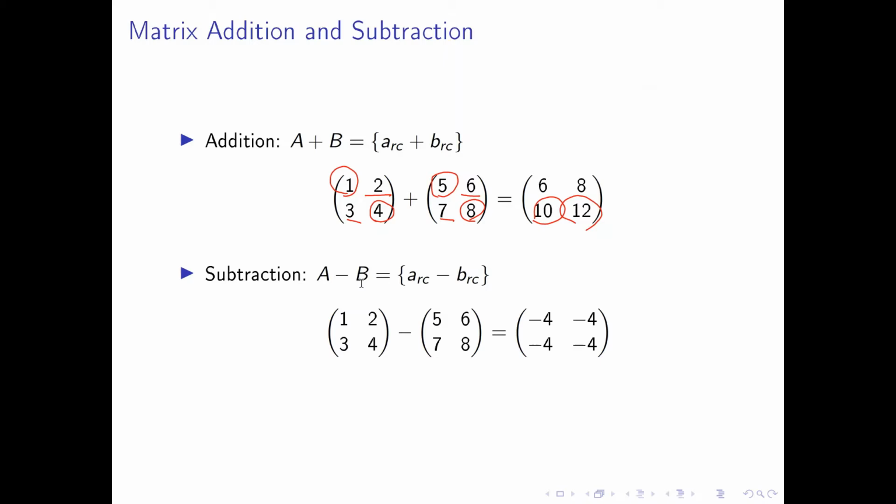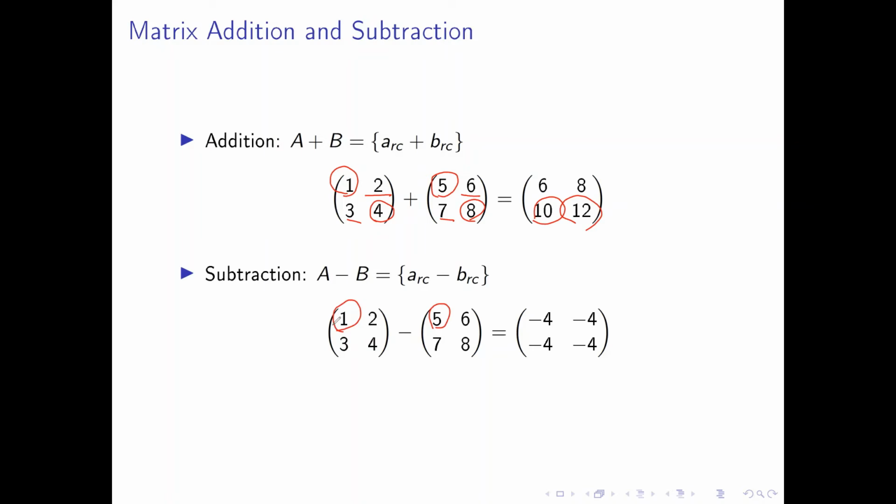So 1, 2, 3, 4 minus 5, 6, 7, 8. What we're going to do is element-wise subtraction. 1 right here is the first row, first column element in the first matrix, and the first row and first column element of the second matrix is 5.